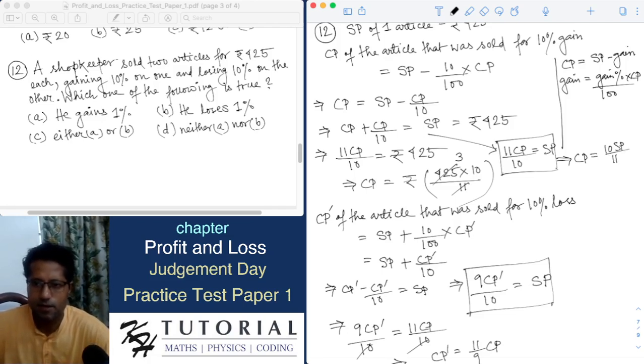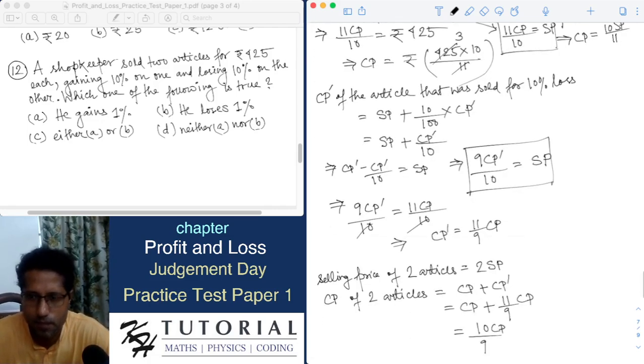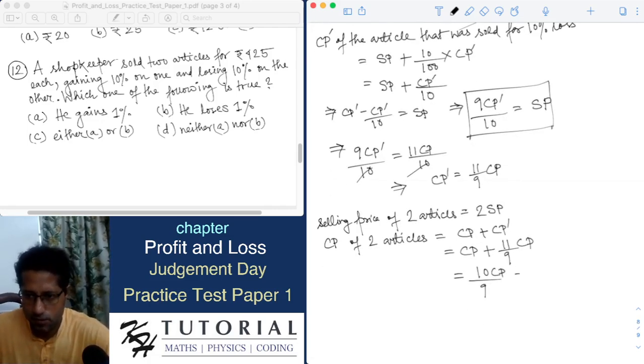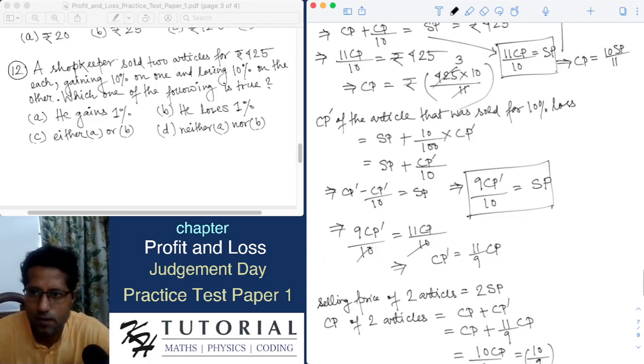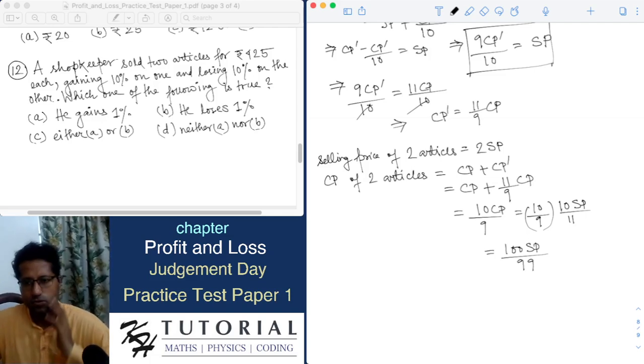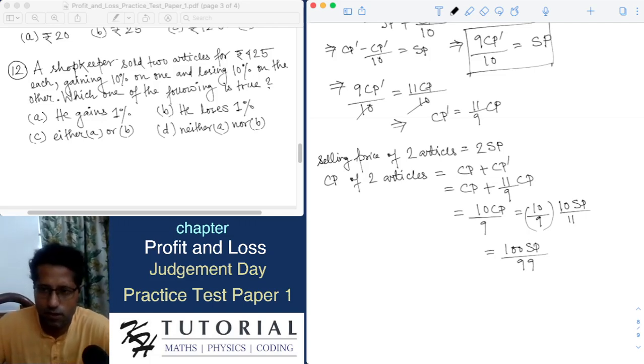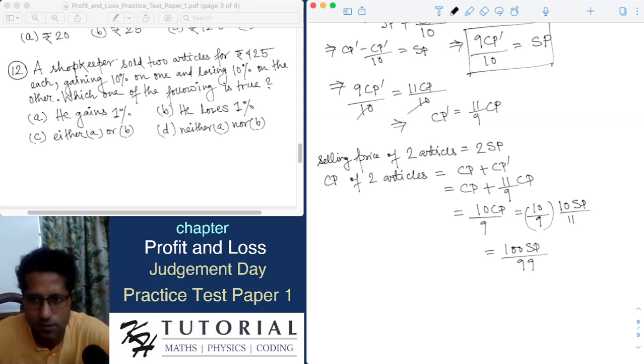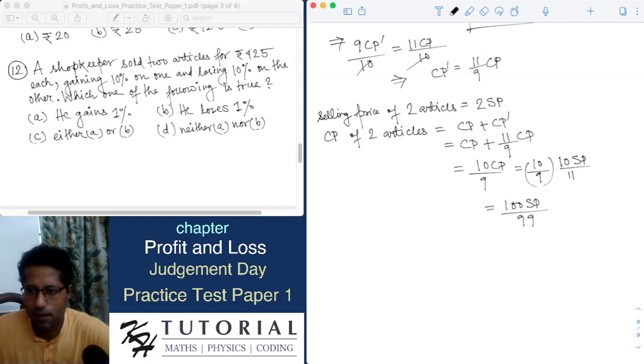So 10 by 9 into CP, which is 10 SP by 11, is equal to 100 SP by 99. So the selling price of two articles is 2SP and the cost price of two articles is 100 SP by 99.